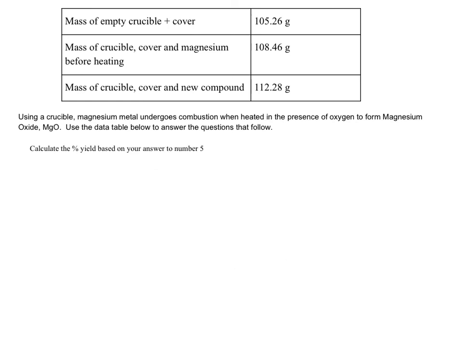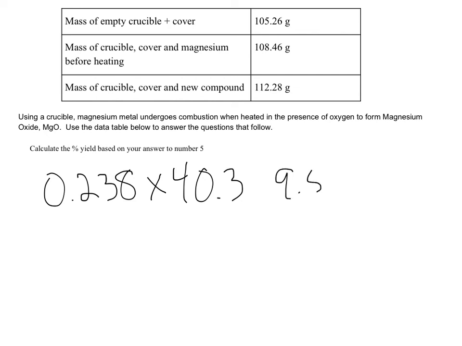So the last part here is calculate the percent yield, and this is where it gets really out of whack with what it should be, because the numbers are a little off here. Calculate the percent yield based on your answer number 5. Well, your answer number 5 said that your actual yield was 0.238 moles, which means your actual yield here was 9.59 grams.